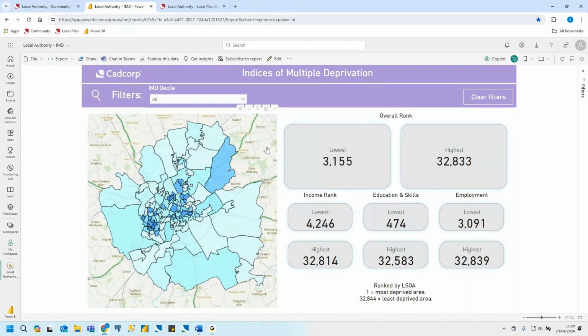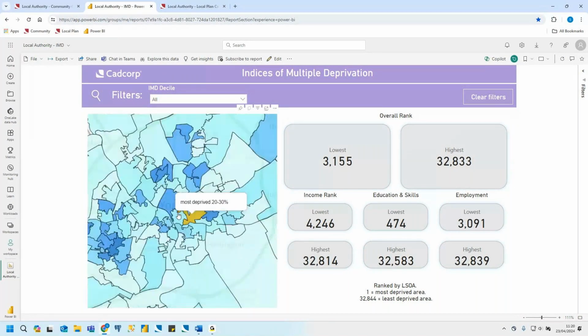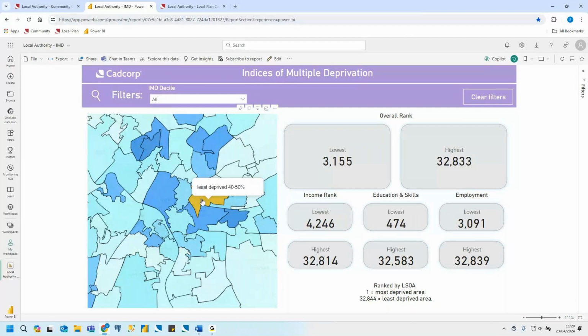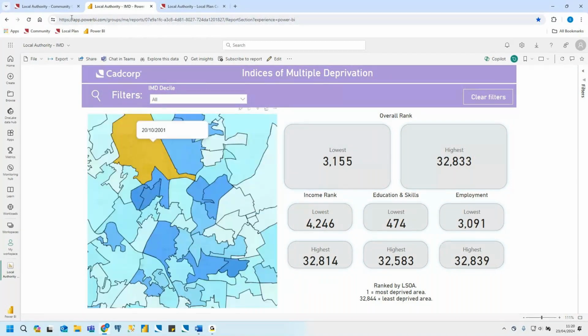But on the left, we have the embedded CADCorp map, and I've themed the LSOAs by rank. So if I zoom in and hover over an LSOA, we can see its rank, but also get a picture of how deprived or perhaps affluent certain areas of the local authority are. So the visual here for Power BI provides another opportunity to share that mapping insight.